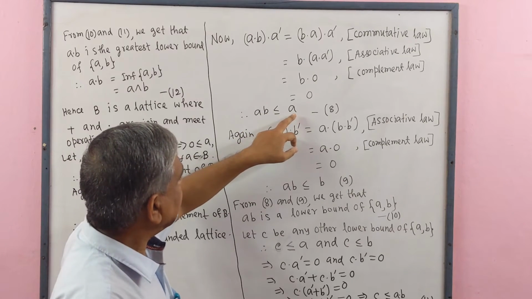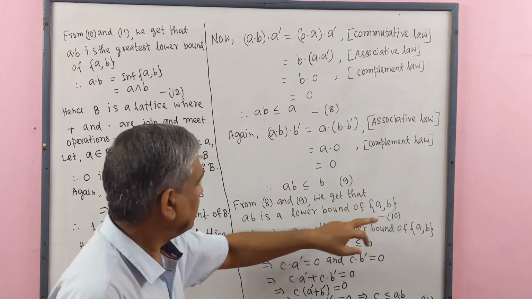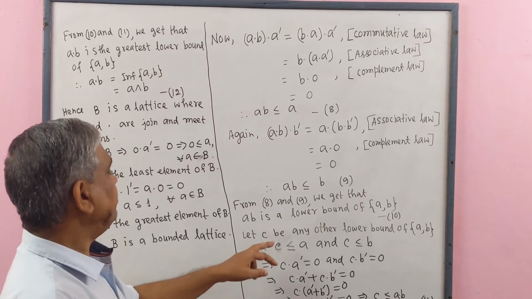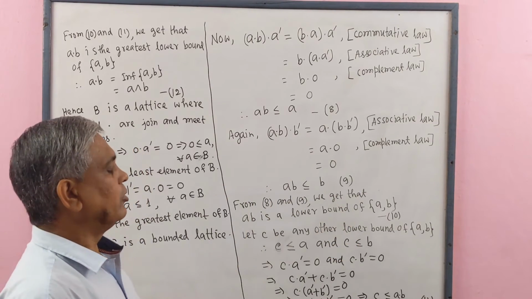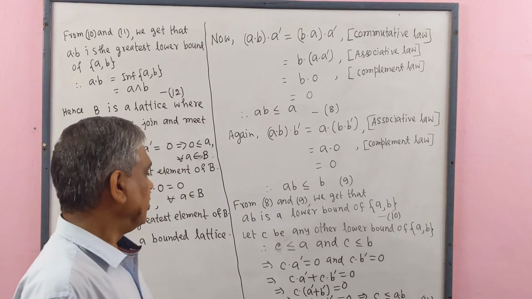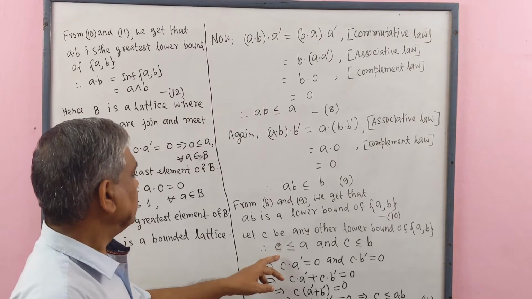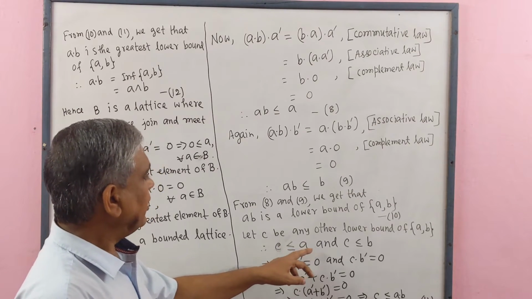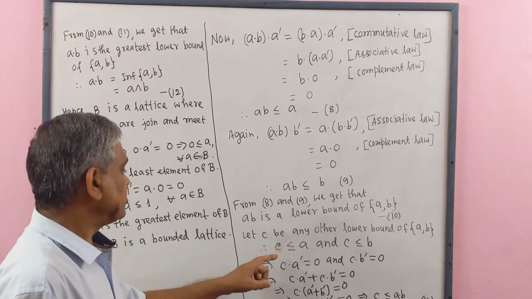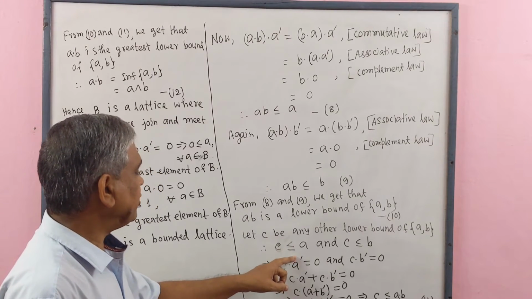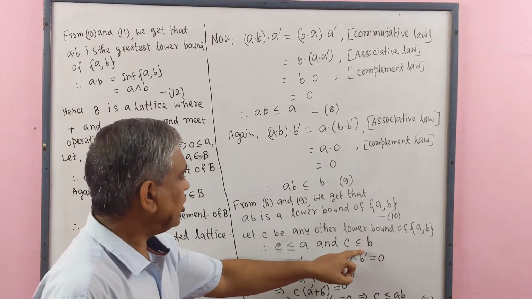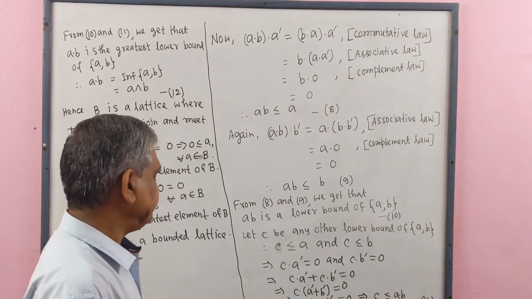set containing elements A and B. This is number 10. Let C be any other lower bound of the set containing elements A and B. Therefore, C is related to A and C is related to B. This means C dot complement of A equal to 0 and this means C dot complement of B equal to 0.